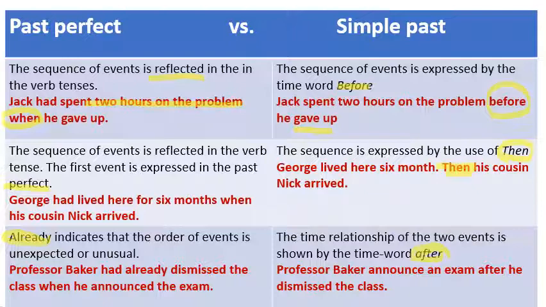But like I said, you remember I said that before we can use it both with the past perfect and with the simple past. So here, the usage of before is to show which action happened before the other, and we don't need to make one of them past perfect. This is optional. If you want to make one of them past perfect, it's totally up to you, but it is sufficient to show which one happened before the other using before. For example, Jack spent 2 hours on the problem, which is the first event, before he gave up, the second event.